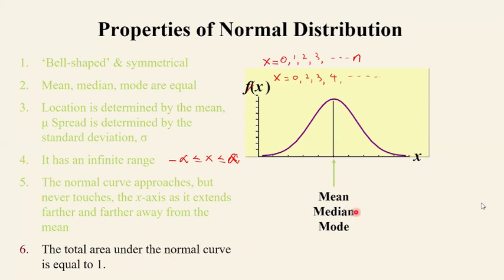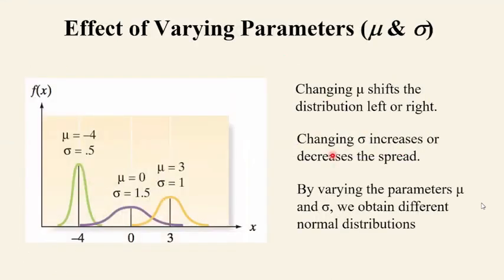So these are the properties of a normal distribution. The mean, median, and mode are located here. Now we look at the effect of the parameters. In the normal distribution, mu and sigma, the expected value (mean) and the standard deviation, are the parameters. If we know these two parameters, then we can calculate normal probabilities.